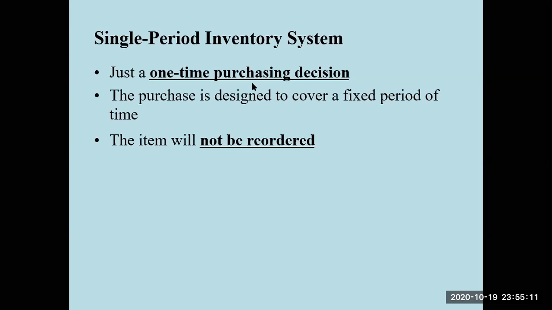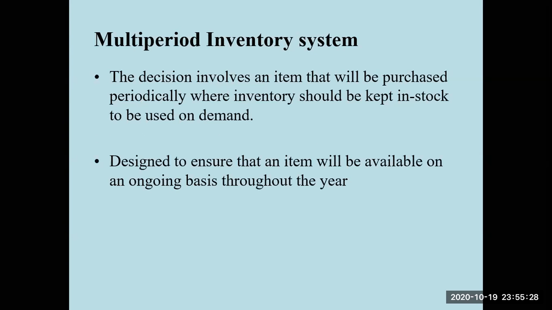So the order size is not reordered. That is the single period inventory system. Multi-period inventory system: if you decide the order size, you place the order this time for that amount, and next time the same amount, ordering again and again.